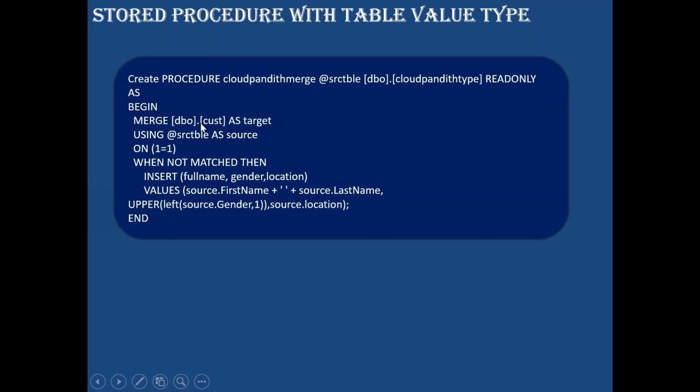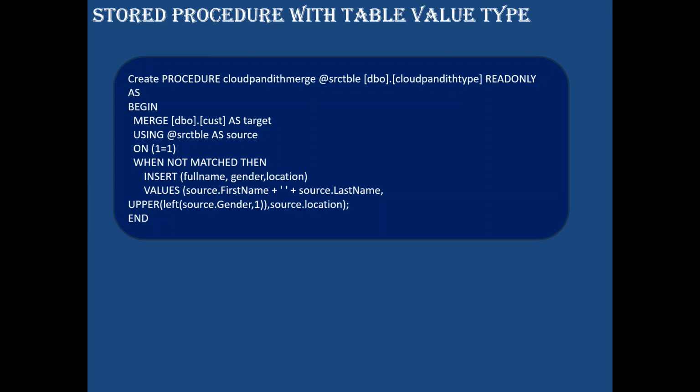Inside, if you see merge into the cust table, the target table is cust. So in order to load the data into the target table, I am loading the data by using the source table. SRC table is nothing but a Cloud Pandit type, the table which I have defined, right? The type Cloud Pandit type, I have defined the schema. I loaded all my CSV data into the Cloud Pandit type.